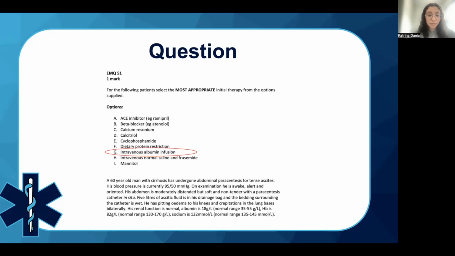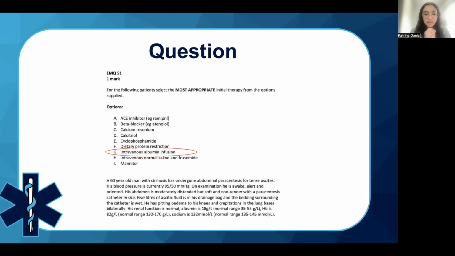So this guy has clearly very bad cirrhosis, and it's the liver's job to produce the albumin to keep your colloid pressure in your circulation, to keep fluid inside your blood vessels. If you don't have that albumin inside the blood vessels, the fluid through the process of osmosis will just leak out into the surrounding tissues, and that's what's happened to cause his ascites, his pitting edema to his knees, and also the fluid in his lungs, pulmonary edema.